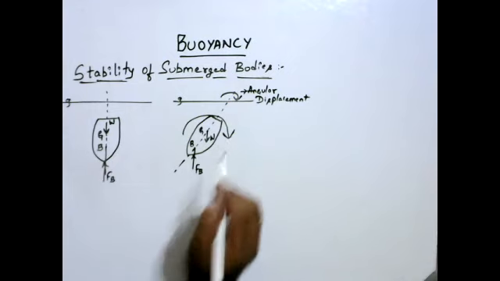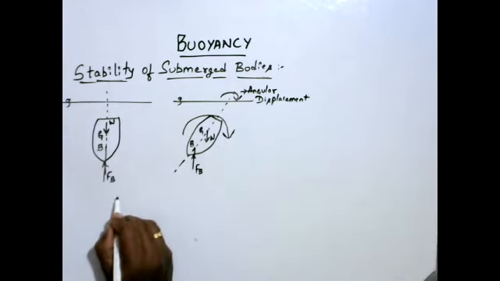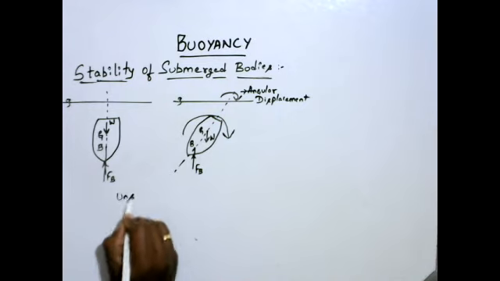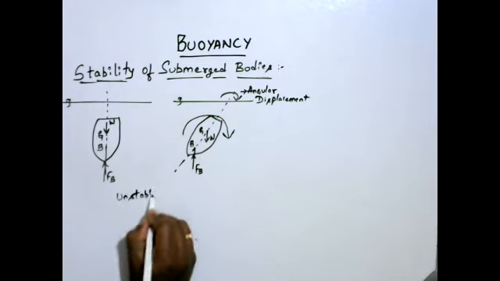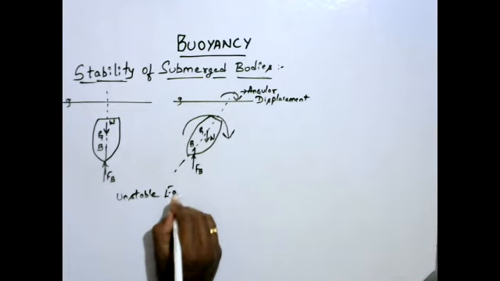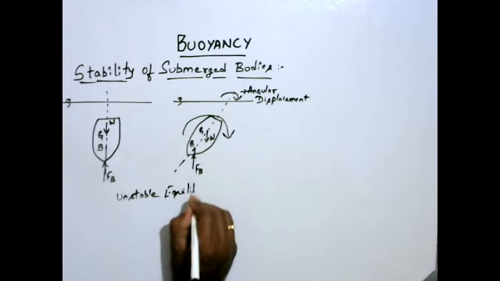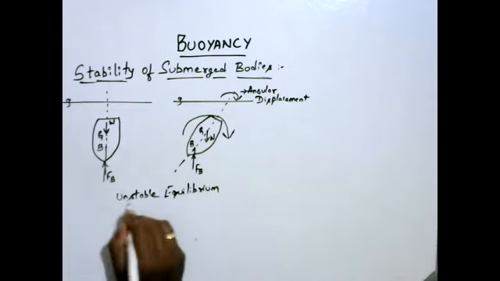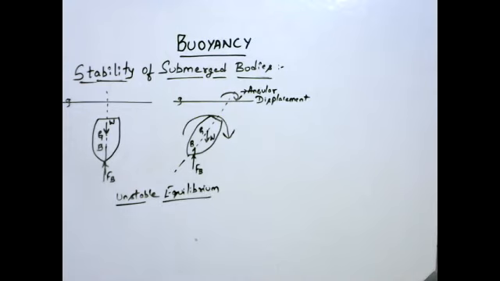Therefore, this type of stability is called unstable equilibrium, where the body will never come back to the original position. This is the first type of equilibrium, that is unstable equilibrium.